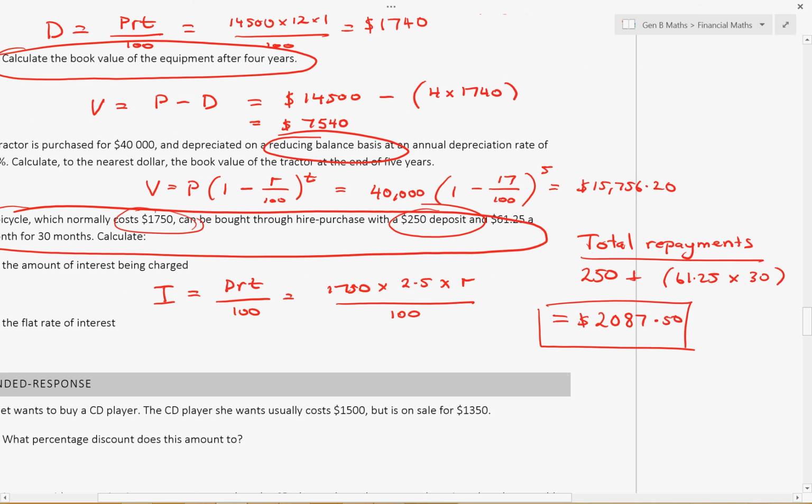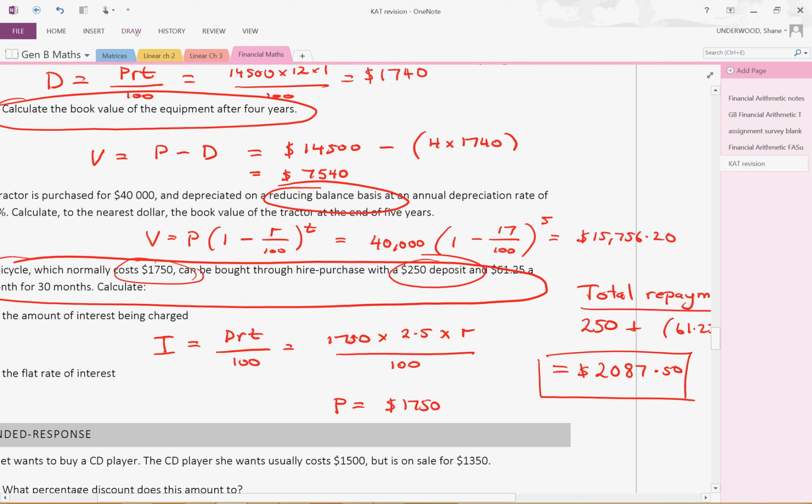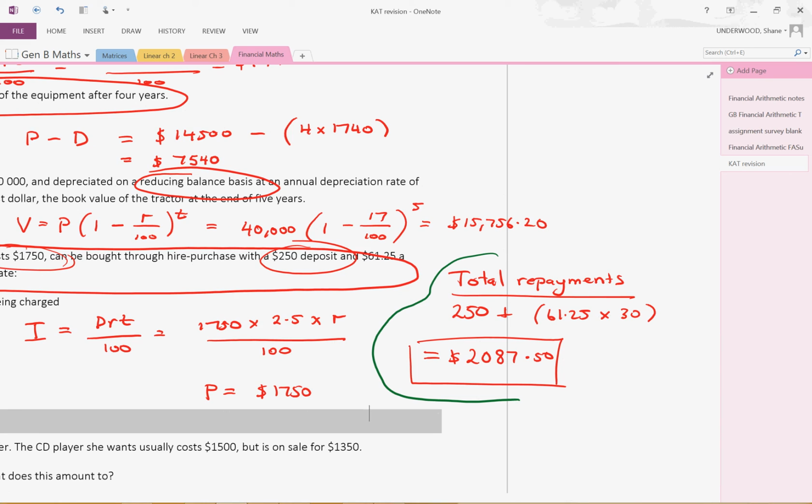All right, so just quickly, in this one there's no formula, but we are told that the bike was originally worth $1,750. So we've got that the principal is equal to $1,750. Now over here on the right hand side in green, I've worked out how much repayments.